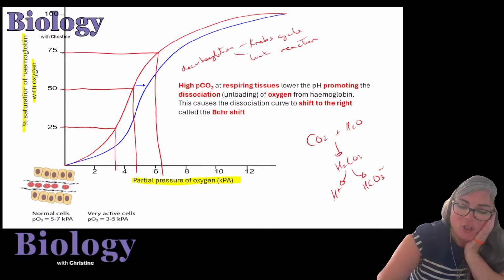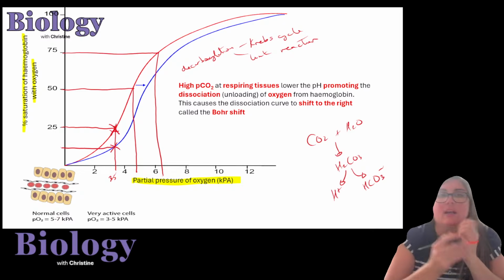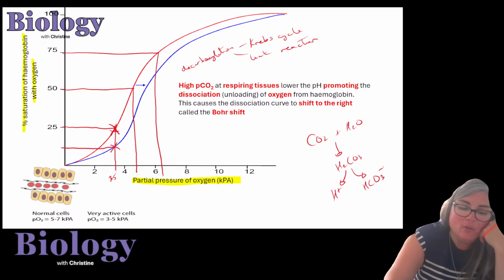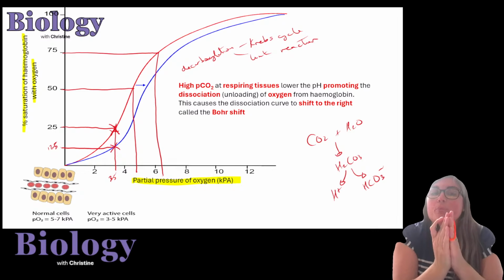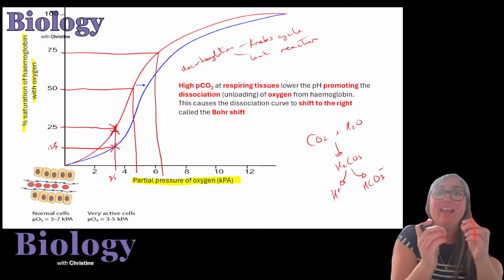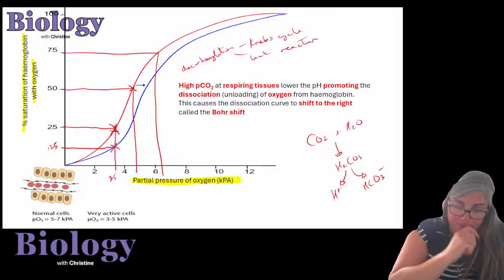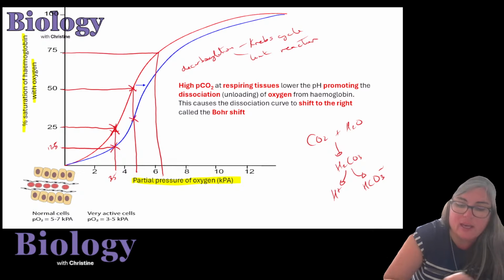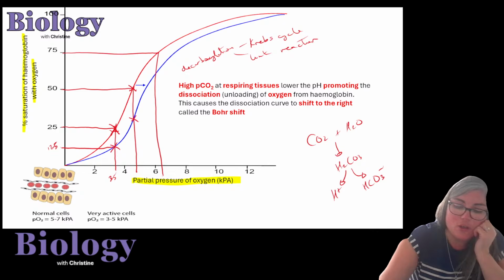So if the partial pressure, let's say this one is 3.5 kilopascals, it was 25% saturated. Now it's about half. It's about 12.5, but obviously in the exam you would read whatever the scale is. So at the same partial pressure, the hemoglobin is less saturated. And I can do the same if I go to 50 on normal, and then I look at my high partial pressure of carbon dioxide.